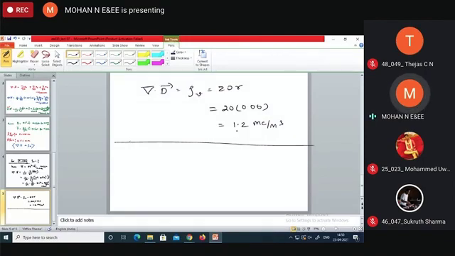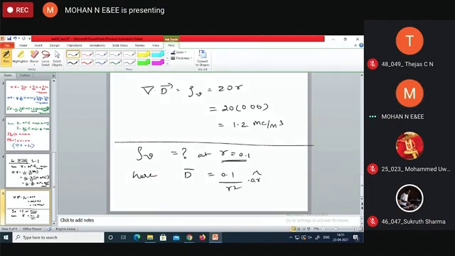Now to find rho v at r is equal to 0.1, in this region D vector is equal to 0.1 by r square into a r cap.